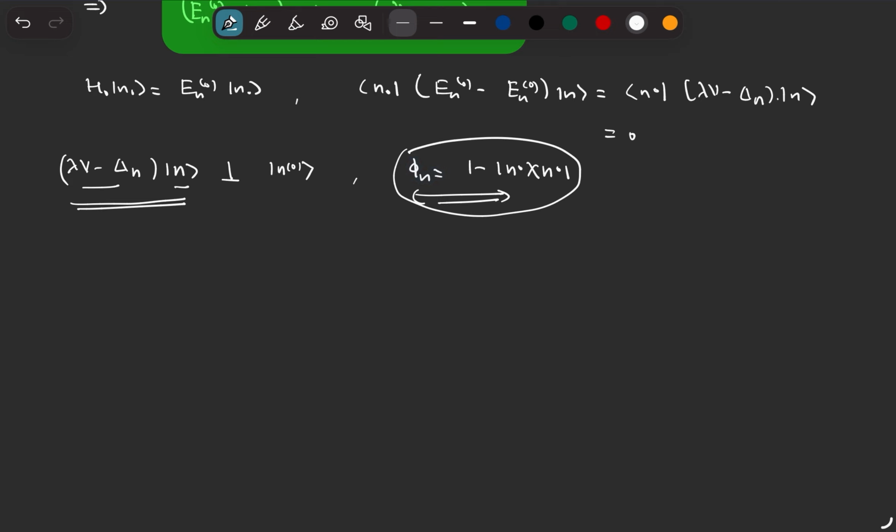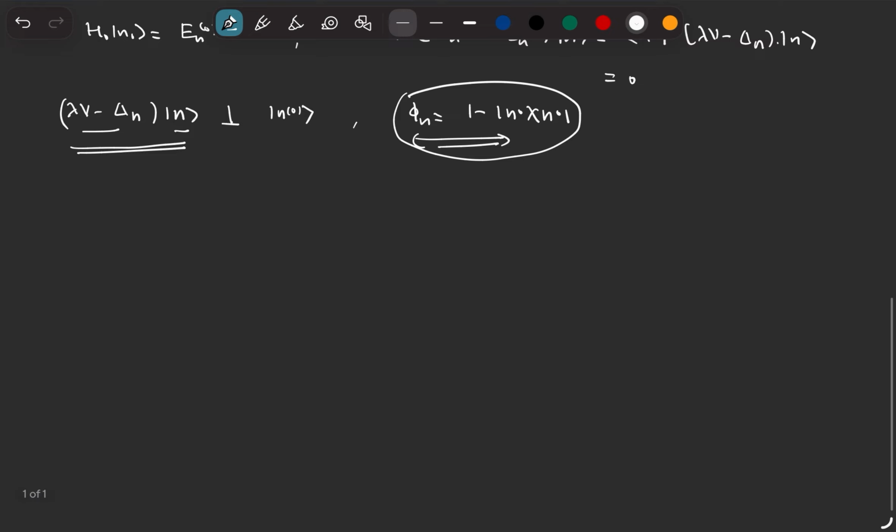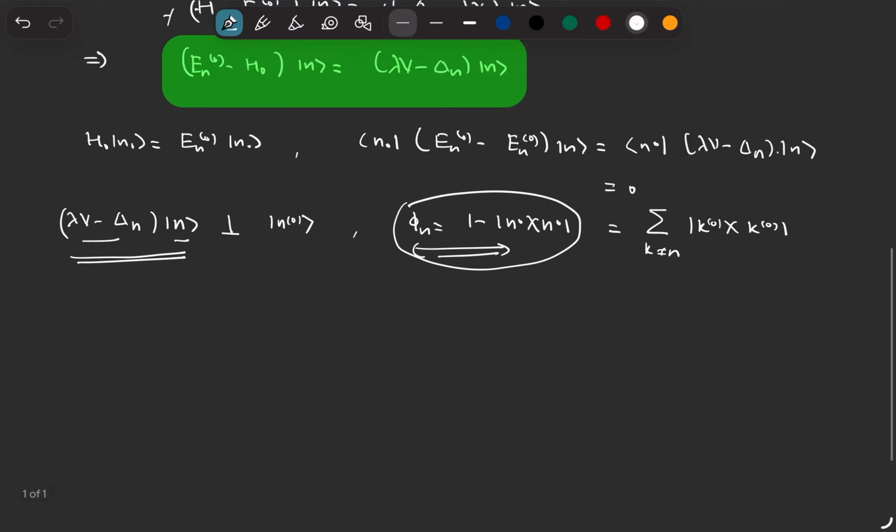This set spans everything that this operator can reach in the Hilbert space, which is good. And I'm going to write this as a sum over k not equal to n of |k0><k0|. Great, which is fine now.